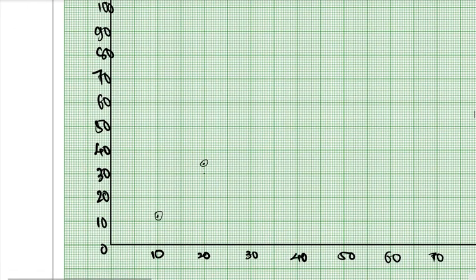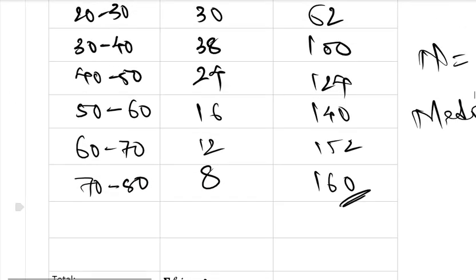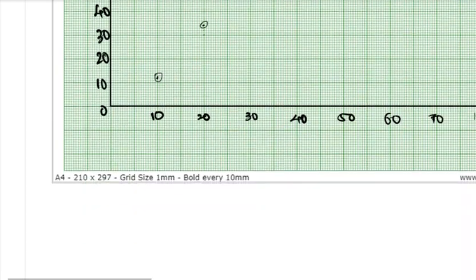Okay, 20, 32. Then it was 30, 62. 30 is over here. 62. 60 is over here, 61 and 62. Right? 30, 62. Then it's going to be 40, 100. That's simple.